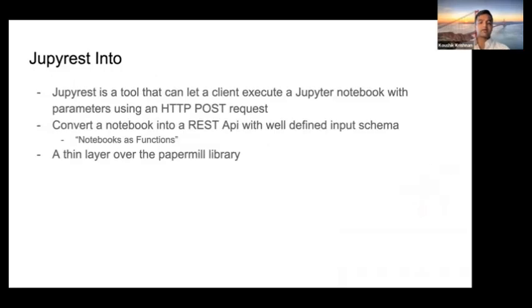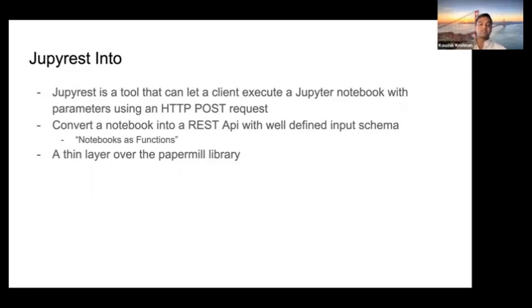I'll give a brief intro into Jupyrest, which is a Python library I wrote to help solve this runbook automation problem. I won't go into all the technical details, but I'll give you a high-level overview of what it does. Jupyrest is a tool that lets a client execute a Jupyter Notebook with parameters using an HTTP POST request.